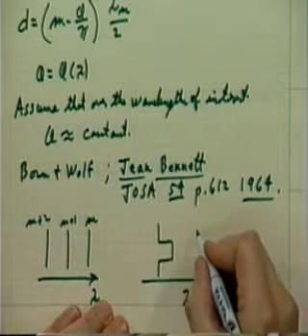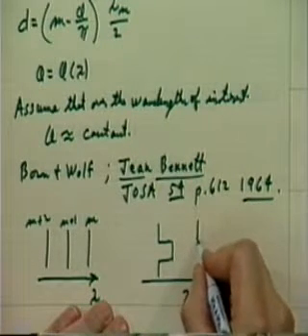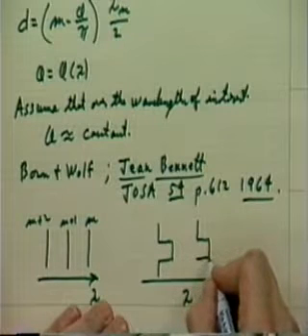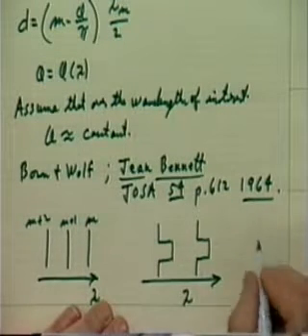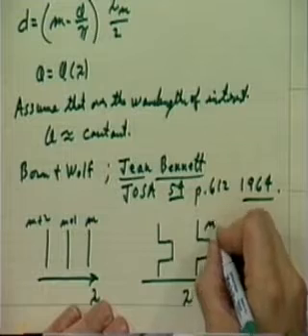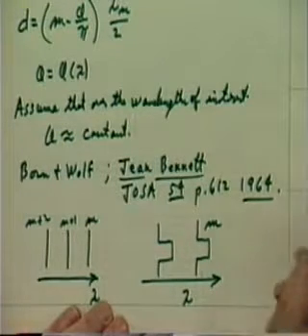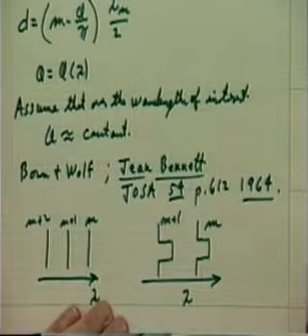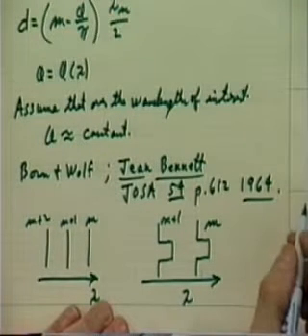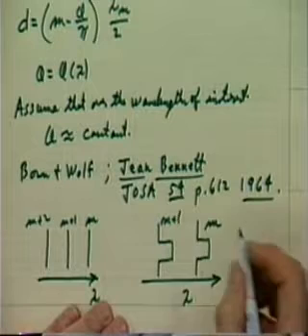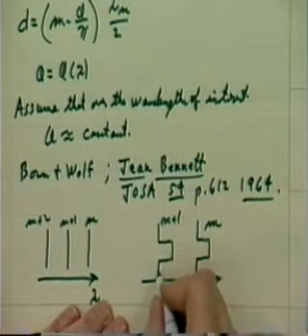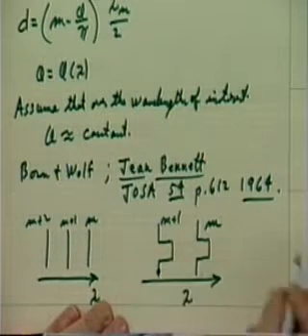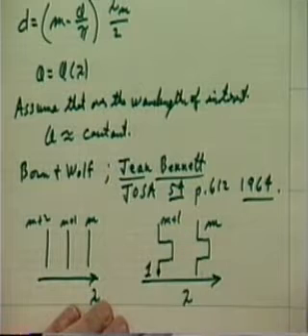So maybe we have a surface or a fringe that comes out looking like this. I'll just show two orders here: order m and order m plus 1. And let's pick a couple of points on this surface. Let's pick a point here. Call that point 1.